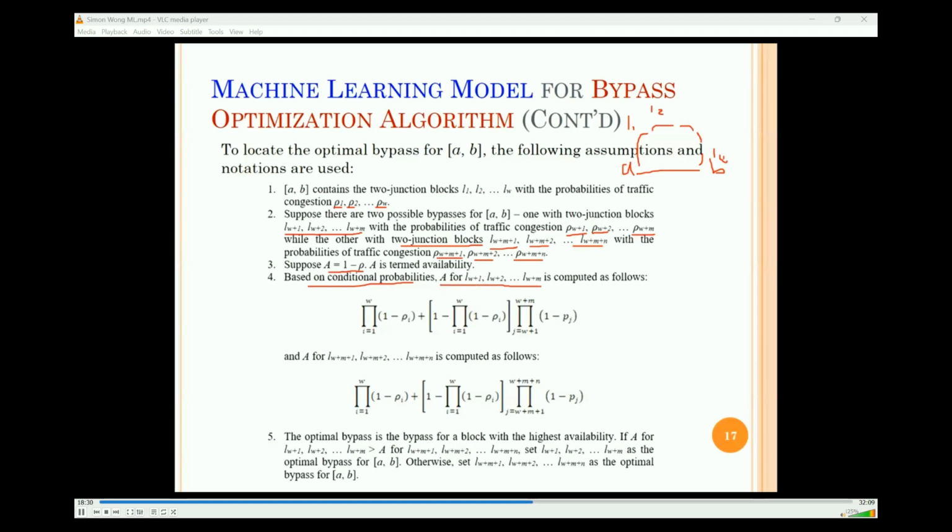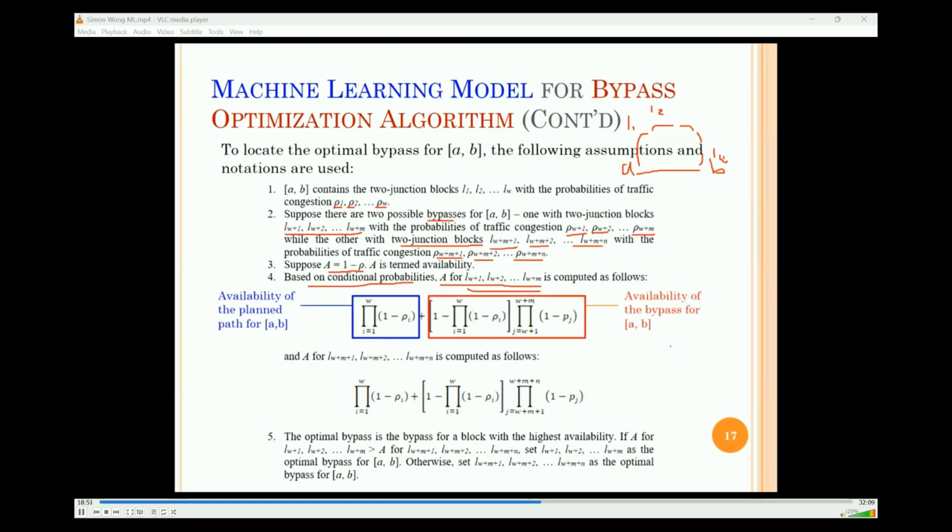This means the possible one bypass. So the availability for one bypass is computed as follows. This indicates the availability of the planned path for the AB block, while this part indicates the availability of the bypass for the AB block.